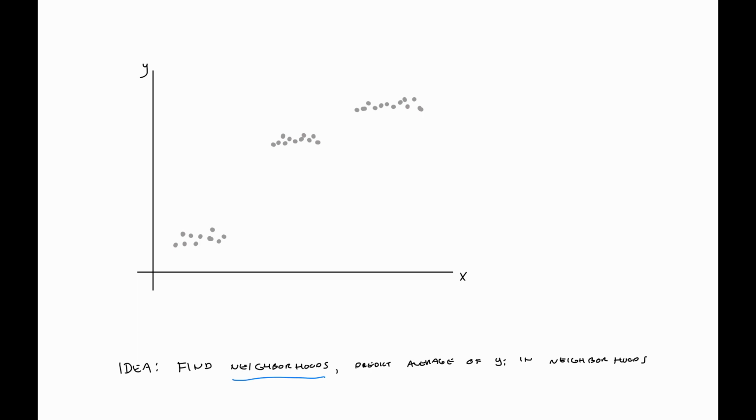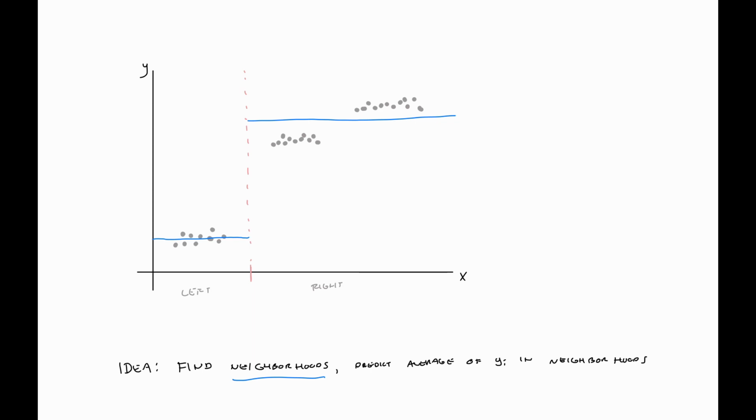Let's say we have this data here, and I wanted to chop up the X variable right about here. Just visually, I'll do this. I'm going to call this the left neighborhood, and this the right neighborhood. Well then within those neighborhoods, I'm going to look at the average of those points.